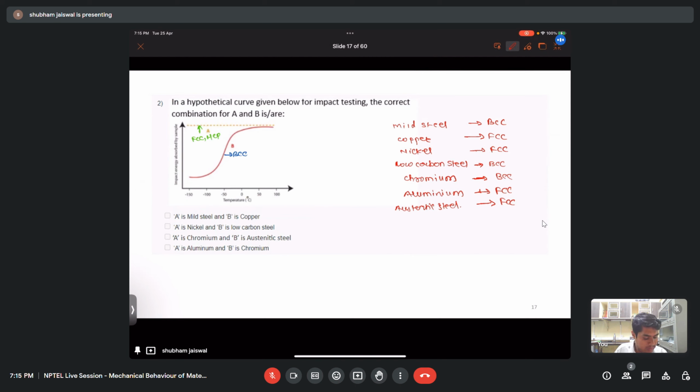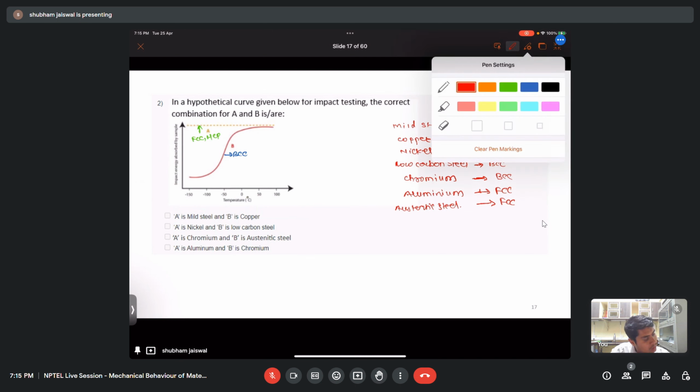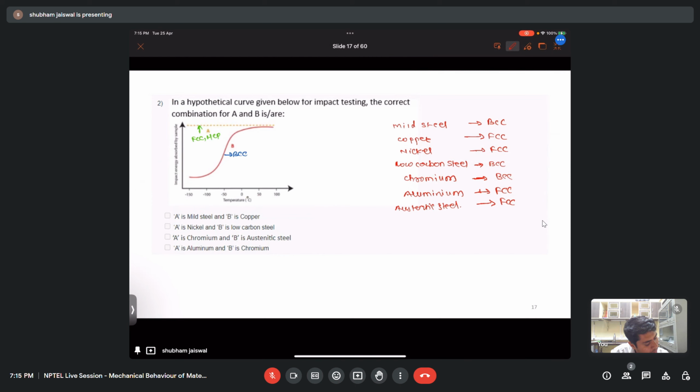So now try to answer it. Please try to answer it, guys. Let's check the options one by one. Okay, A is mild steel and B is copper. The mild steel has BCC, so this option itself is wrong. From the beginning itself we can see.